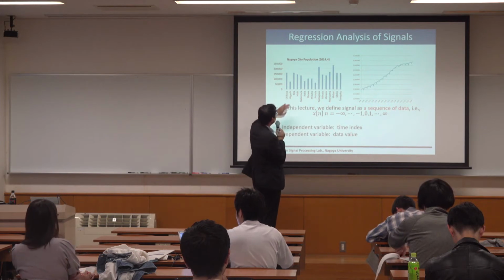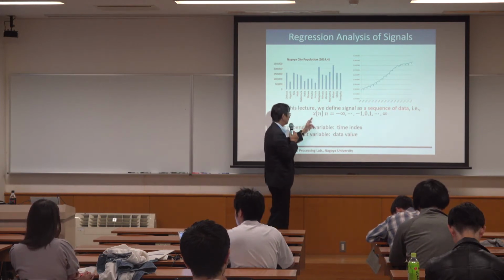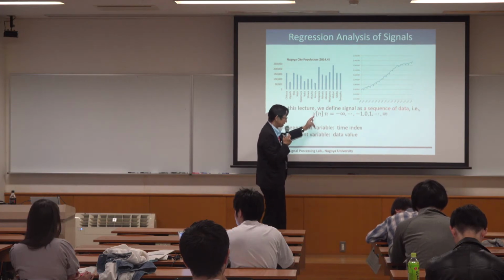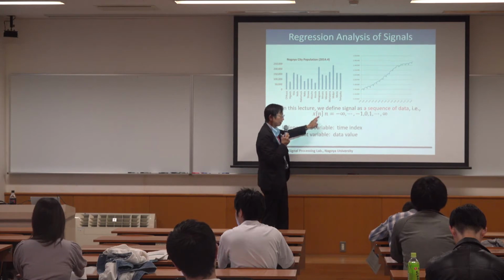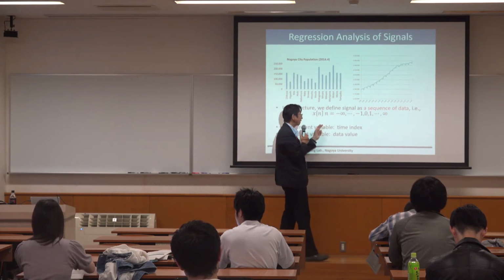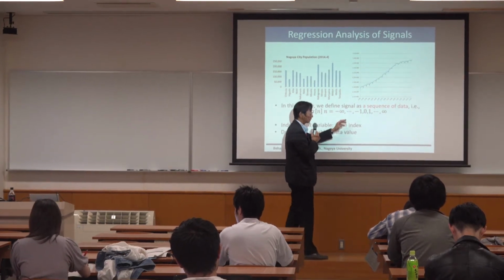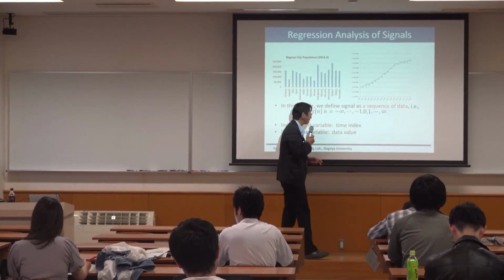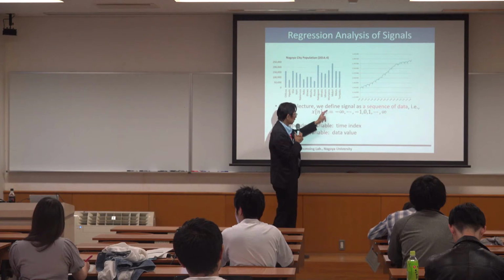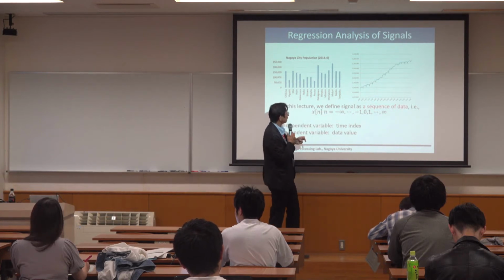But anyway, we defined what a signal is. A signal is a set of data, a set of variables, indexed by an integer number, which sometimes begins from minus infinity, sometimes from 1 or 0, whatever, but is associated with an integer number.